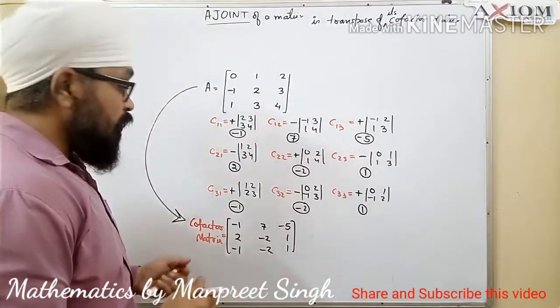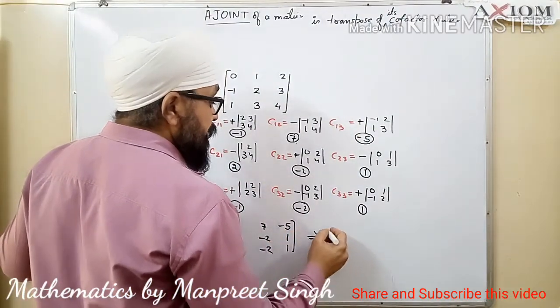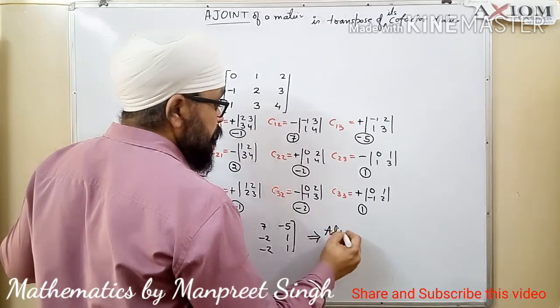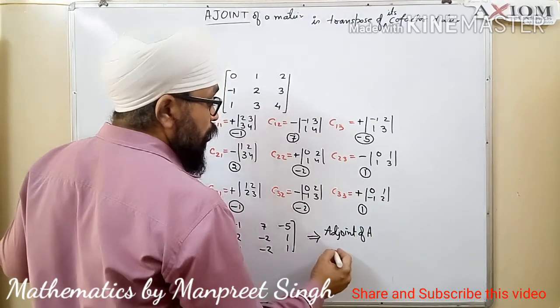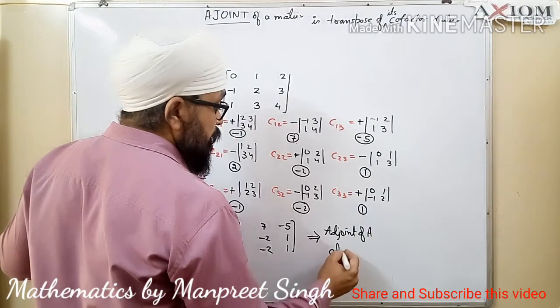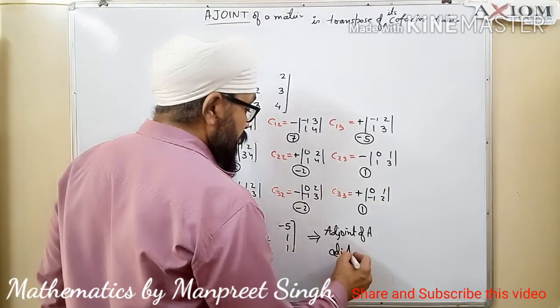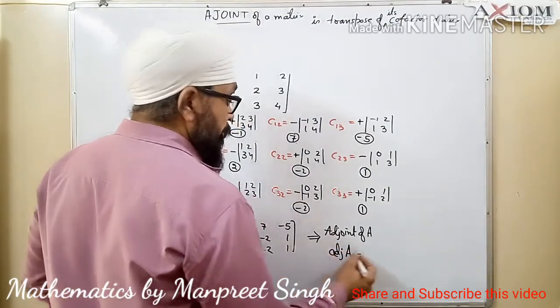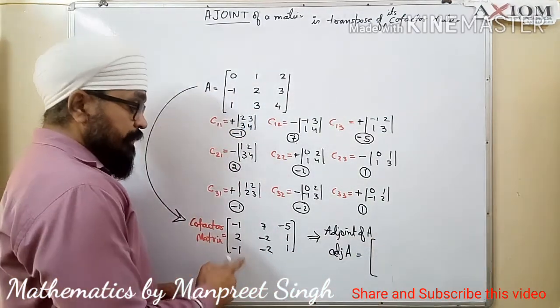That means we are having the cofactor matrix. Now this implies we can write the adjoint of A. In short, this adjoint will be written as ADJ. Adjoint of A will be denoted by the symbol ADJ A, and it is the transpose of this matrix. We are going to take the transpose.